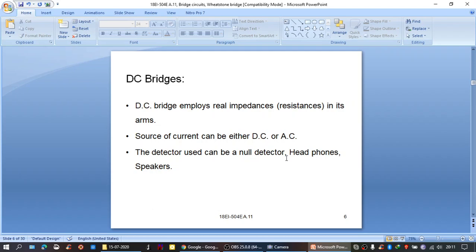If it is a null detector, then by proper adjustment of circuit components, we will get a 0 value on the detector.